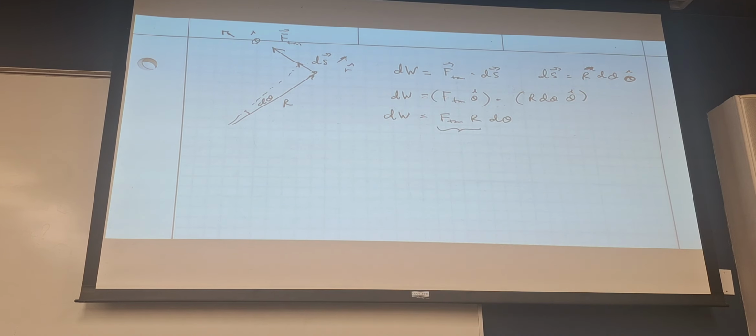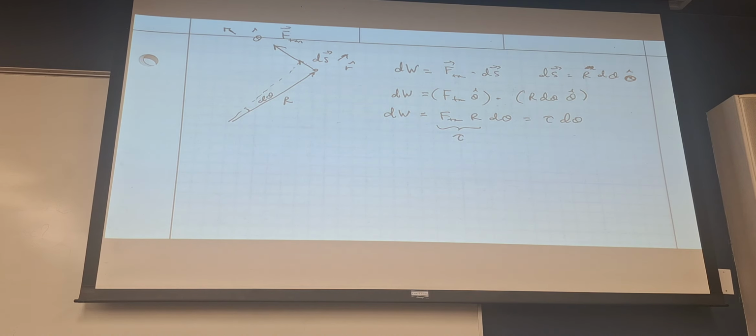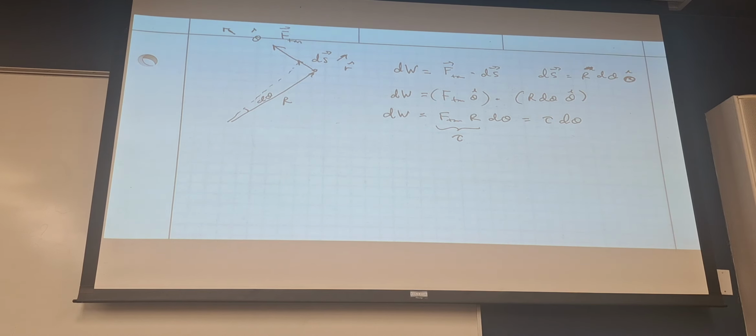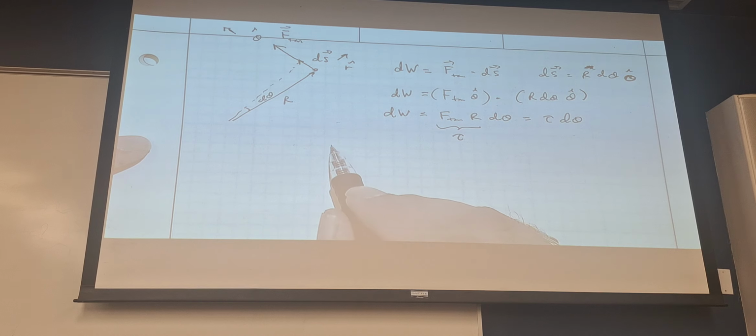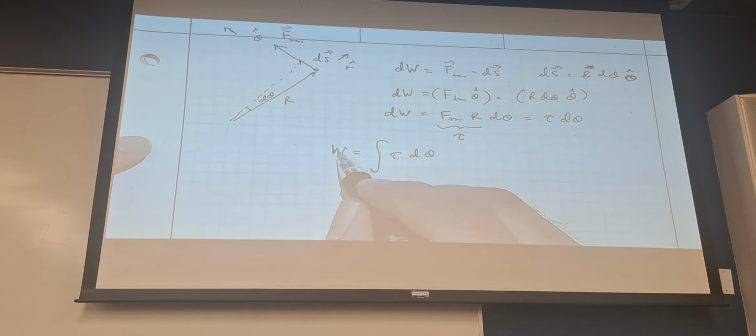And what is this? We already went over this. This is the torque. So this just becomes torque times d theta. So the rotational work is just your torque times d theta, which is really nice, because we're familiar with that. So if you want to integrate this, W equals the integral, for the general case.